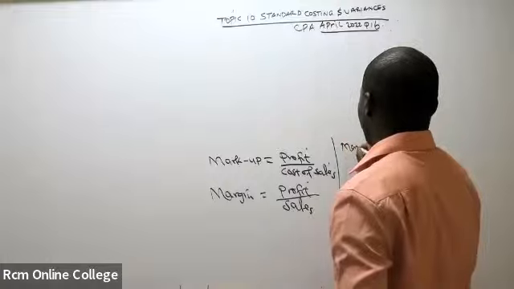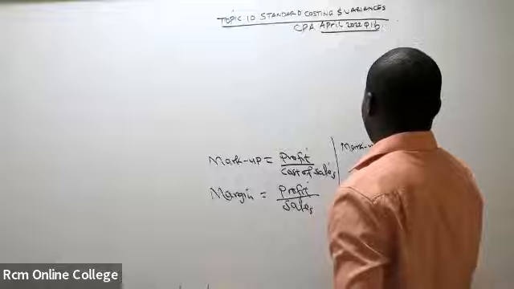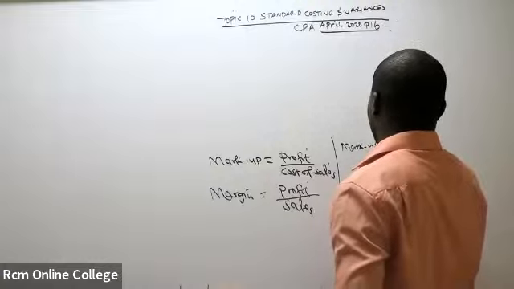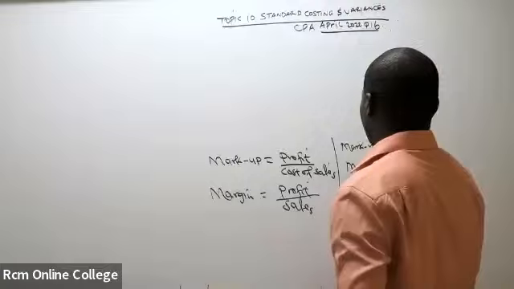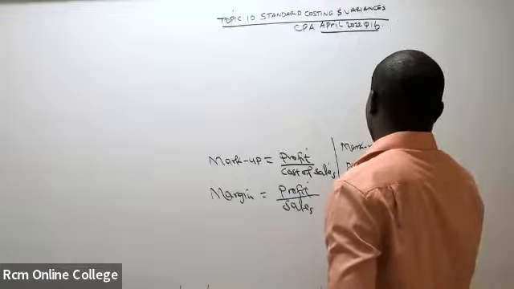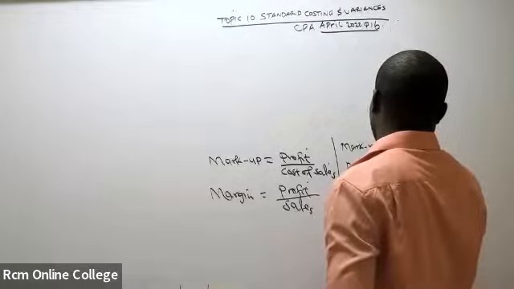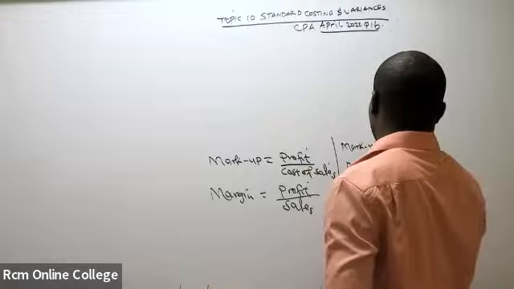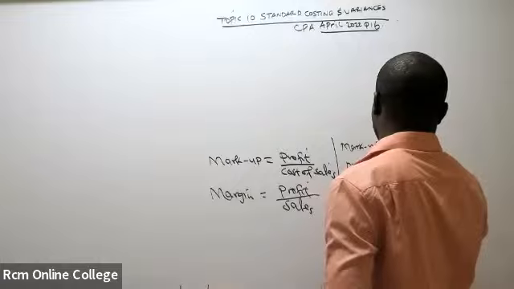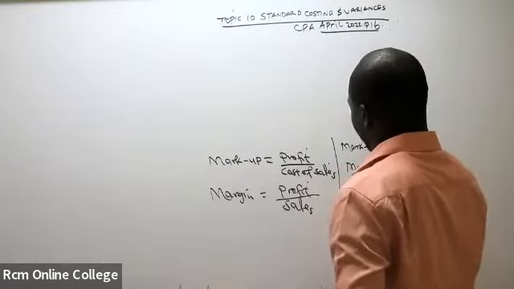If in a question they have started with markup, that is to say, if you are told that markup is equal to A over B, then your margin must have a bigger denominator. So it will be A over A plus B, or B plus A, if you are given markup.